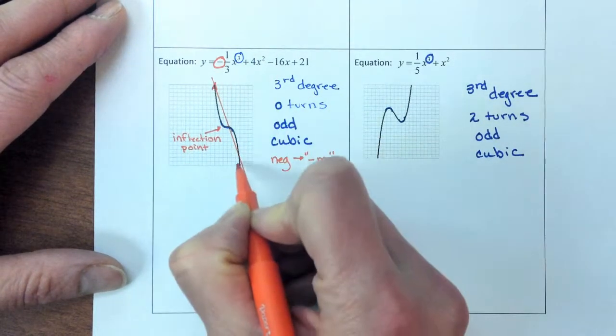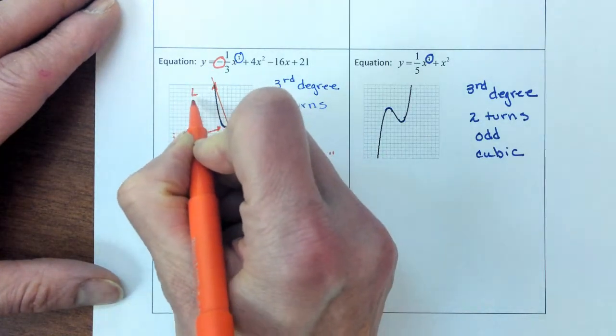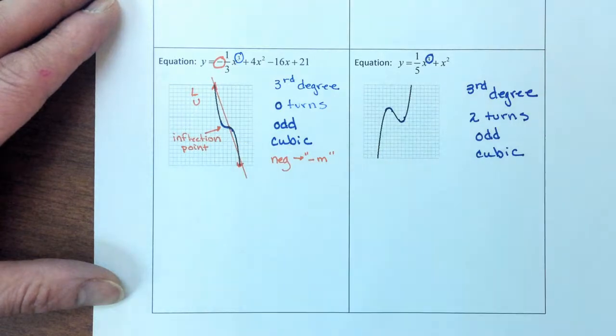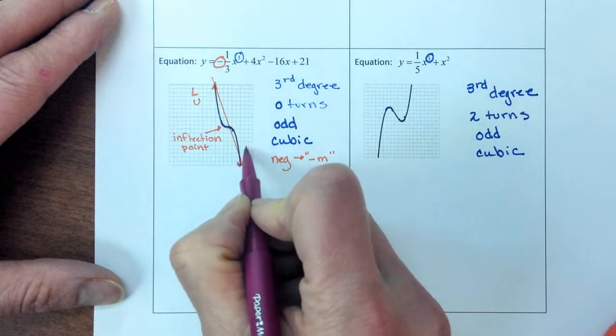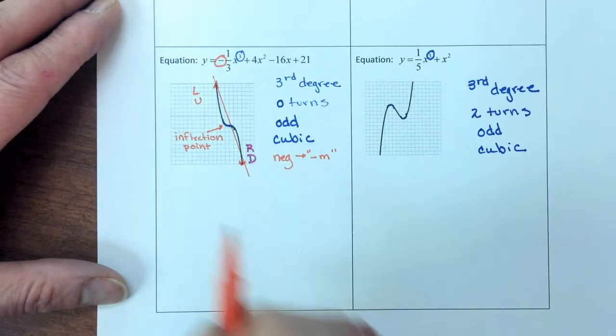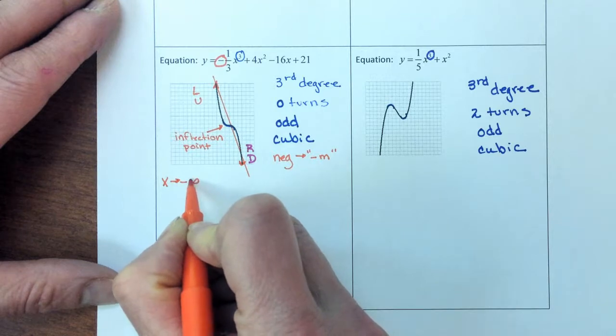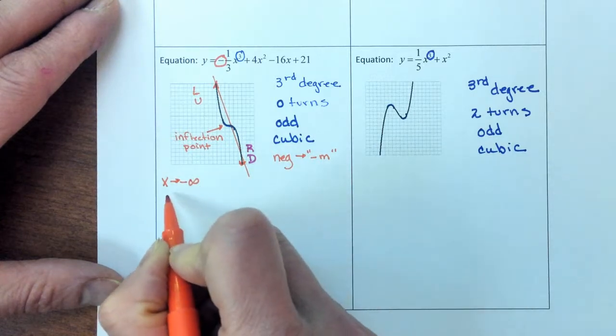But let's talk about end behavior. On the left, it's going up, and on the right, it's going down. For the left side, I would say, as x goes to negative infinity, where's my function going?